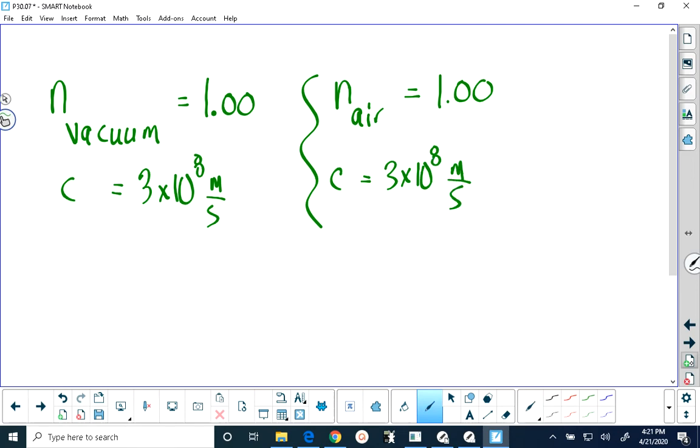I have a feeling that the index of refraction of light in air is actually something like 1.000375 or something. I can't remember, but it's very, very close to 1 because air is almost the same density as a vacuum. So from now on, whenever we're dealing with light in a vacuum or light in air, we can use these numbers. And by the way, both of these are given on your data sheet.